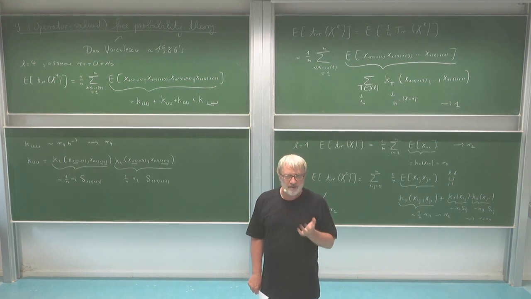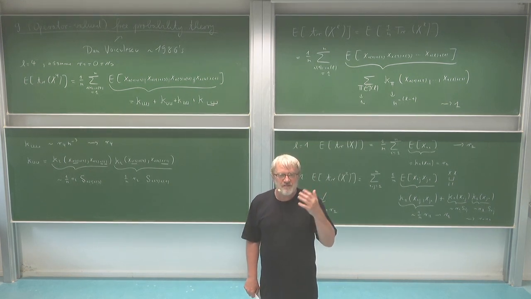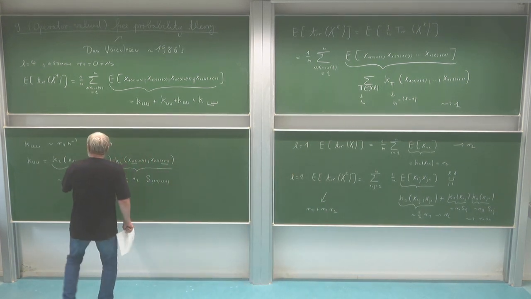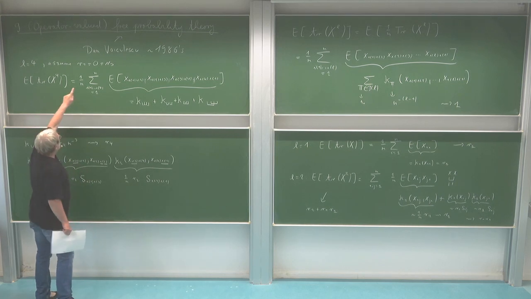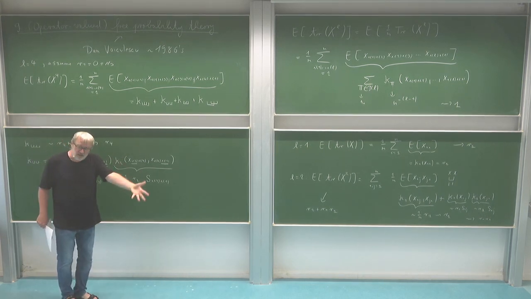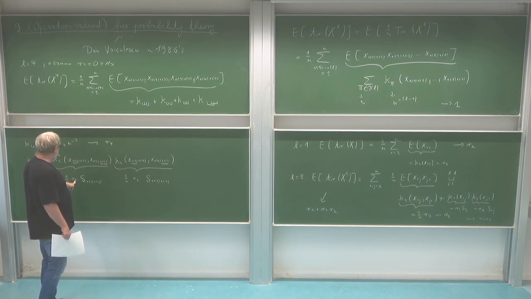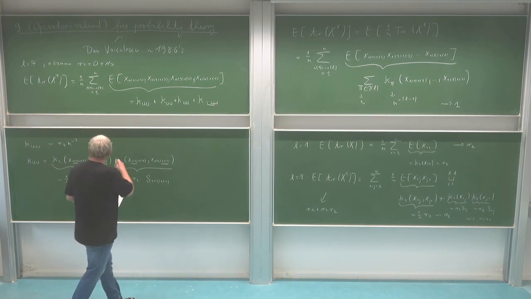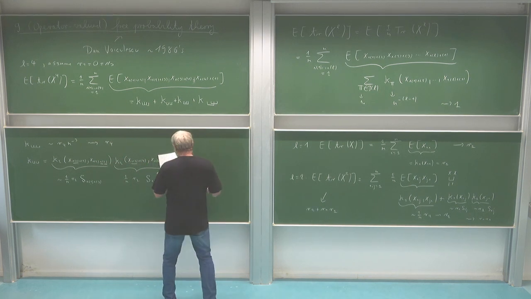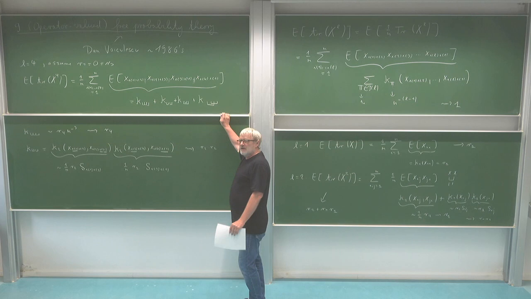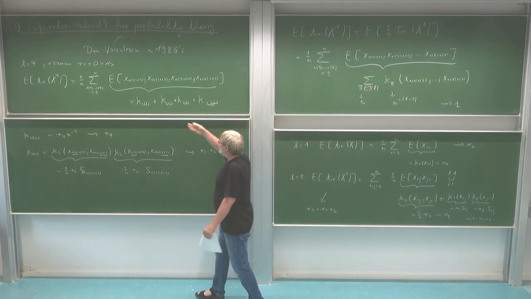So I'm only summing over of the order of n to the power 3 terms, and each of them gives a 1 over n to the power 3, which means altogether they contribute of order 1. And what do they contribute? They contribute R2 times R2. So this thing here makes in the limit the contribution R2 times R2, which is again what we would expect.